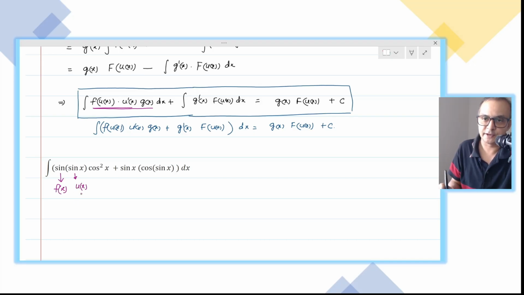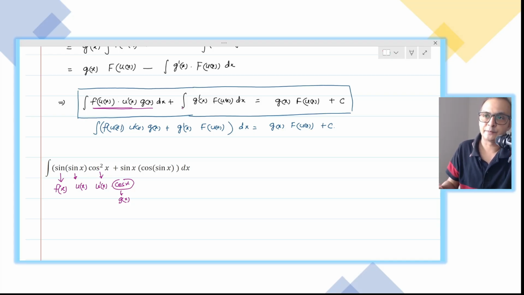So u(x) I am taking as sin x, and you notice there are two cos x attached here. So one cos x I can write as u'(x), and the other cos x, what is left out, I can write as g(x). So don't you think it is the same structure? Because it is f of u(x) into u'(x) into g(x).